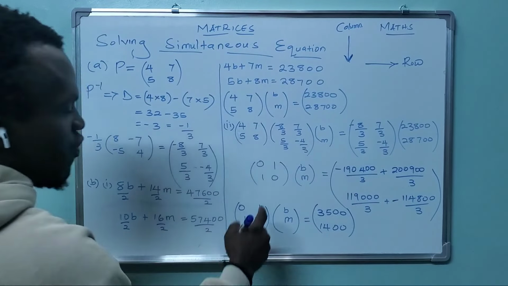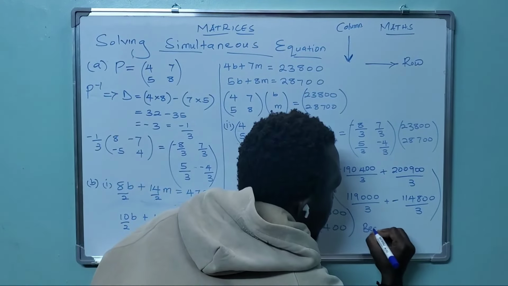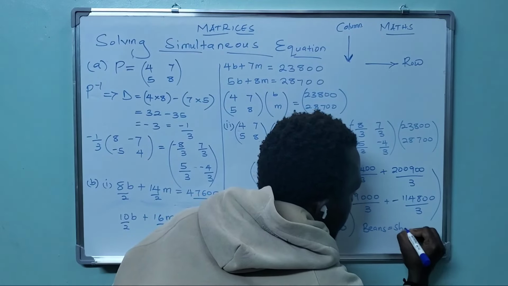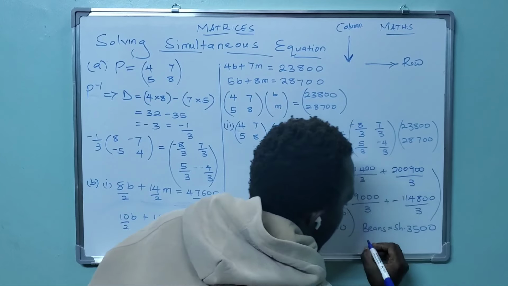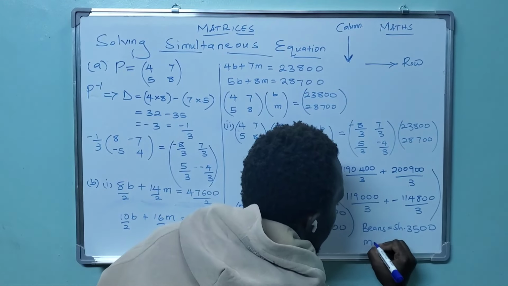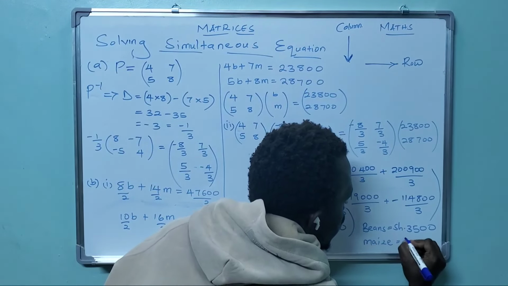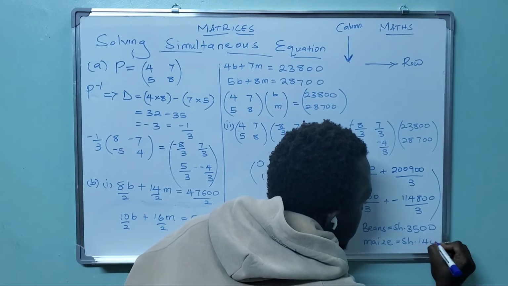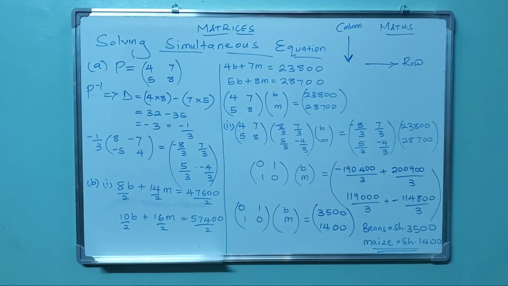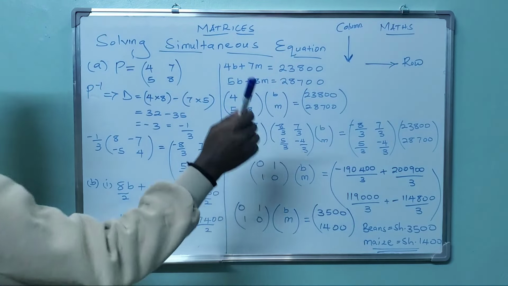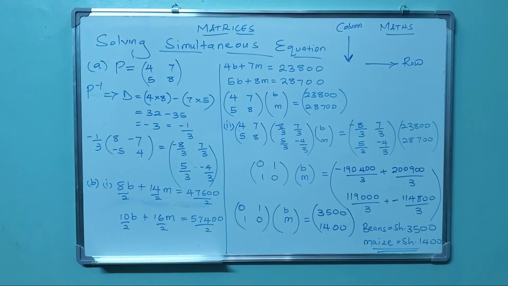So it means that the price of beans is going to be shillings 3,500, and the price of maize is going to be shillings 1,400. And that is how we get the price of the maize and the beans. So we've solved that simultaneous equation using matrix method.